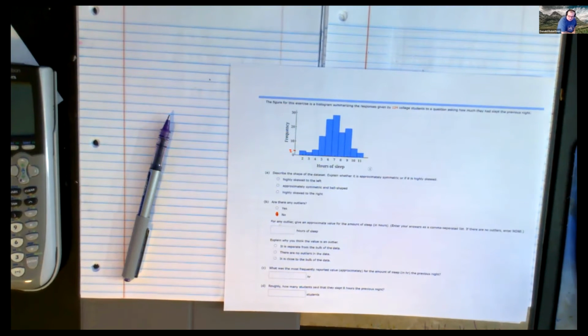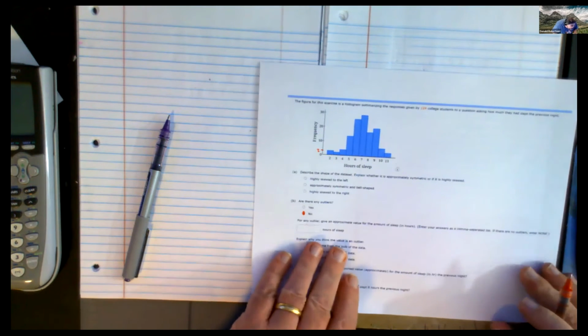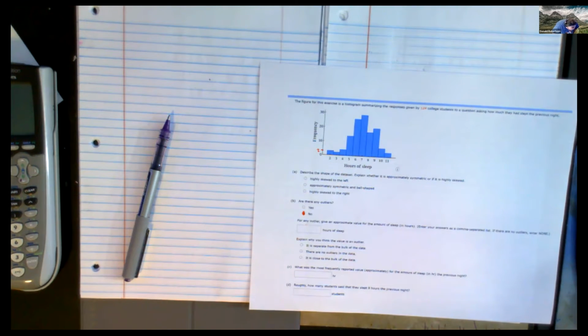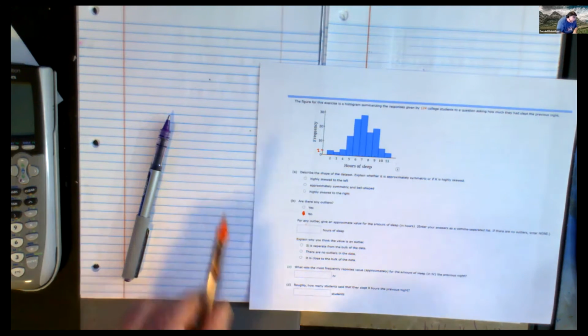Now, describe the shape of this data. You've got left, you've got symmetric, or you've got right. And because they wanted to, they've now stuck in highly skewed to the left and right and approximately symmetric. And I think they did that for a good reason.